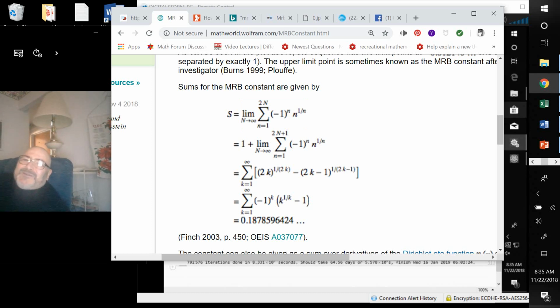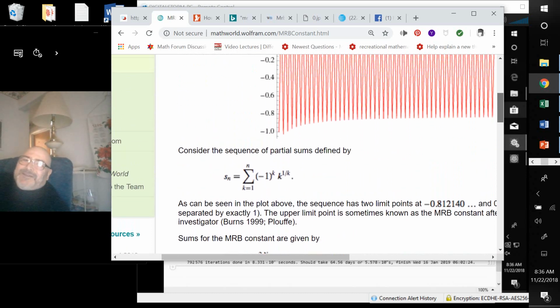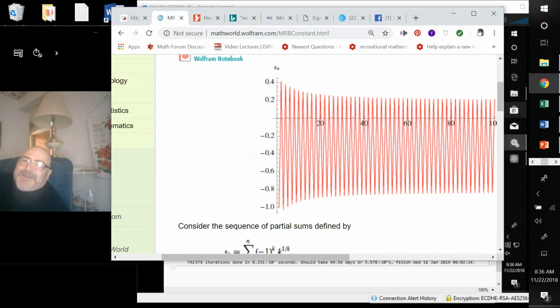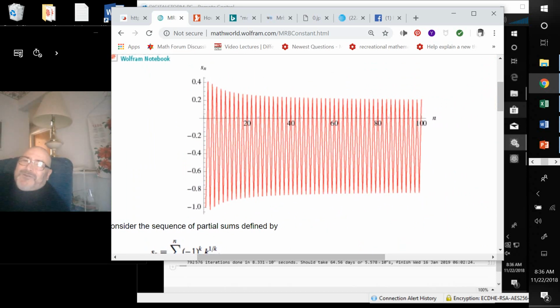The limit as n goes to infinity of -1 to the power of n times n to the 1 over n, where n goes from 1 to 2 capital N. And that's the limit as capital N goes to infinity. So in other words, going back up to our graph, that's a point I tried to describe on the top right. That would be on the top right corner if n went to infinity.